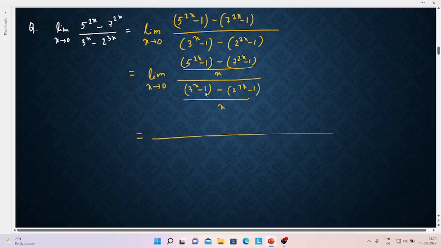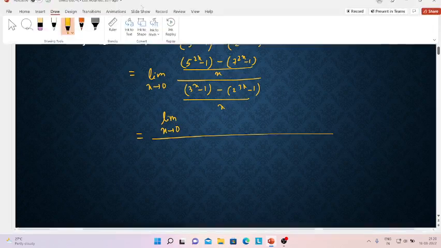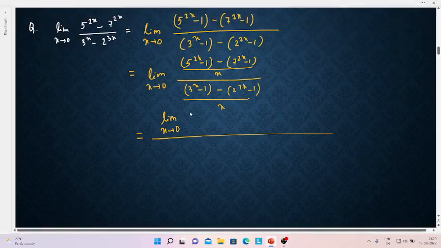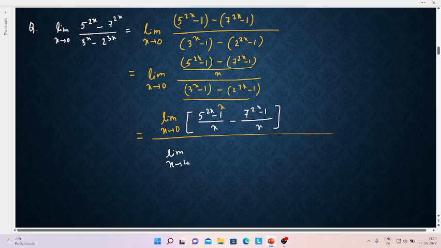Since limit f(x) upon g(x) can be written as limit f(x) upon limit g(x), that will become limit x tending to 0, 5 to the power 2x minus 1 upon x minus 7 to the power 2x minus 1 upon x, right? And the denominator will become limit x tending to 0, 3 to the power x minus 1 upon x minus 2 to the power 3x minus 1 upon x, right?